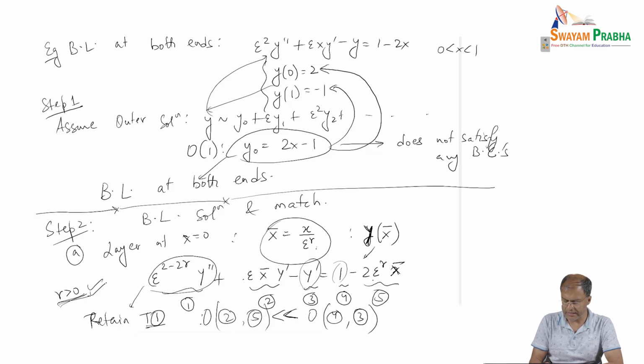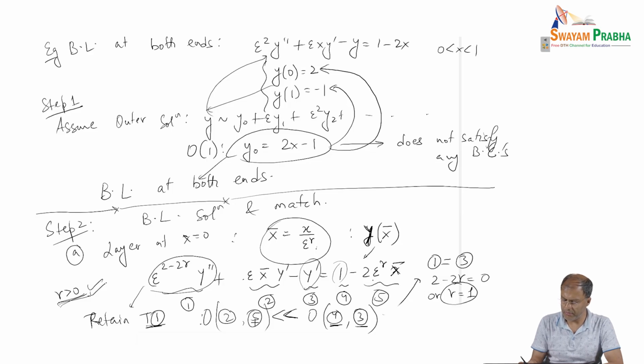So we need to match term number 1, because we need to retain it, either with term number 4 or term number 3. We have only two options. So if we match term number 1 with, let's say, 3, we see that we will get 2 minus 2 gamma is equal to 0, or gamma is equal to 1, right?